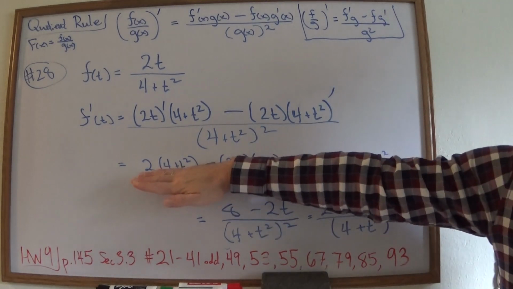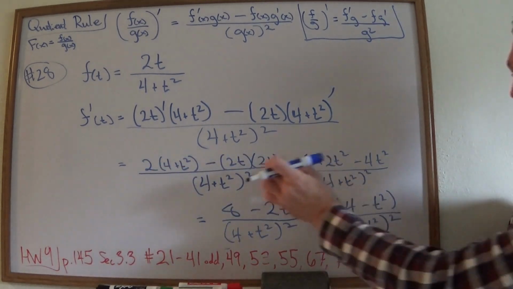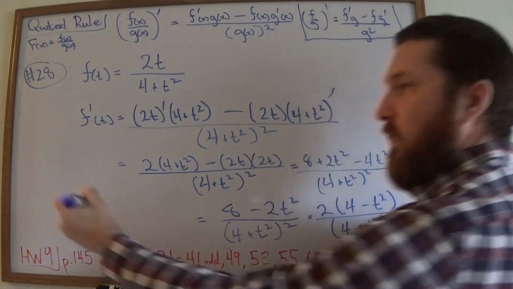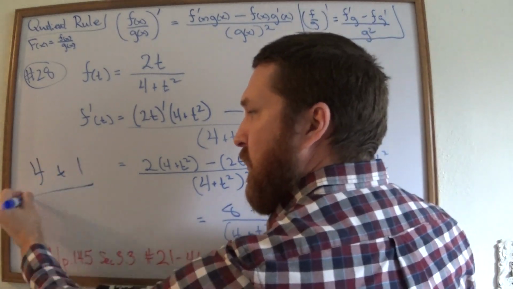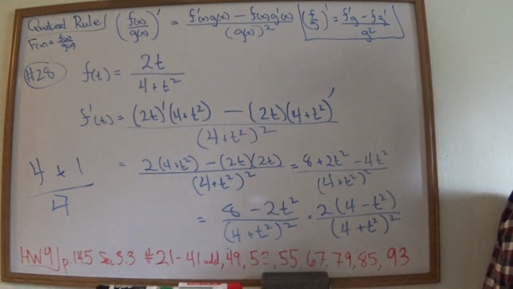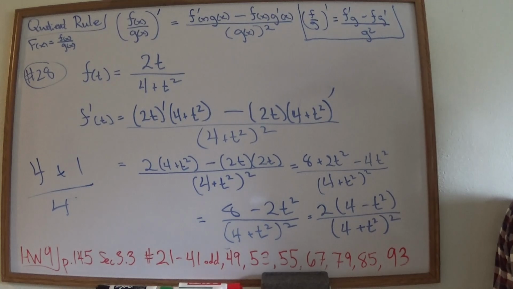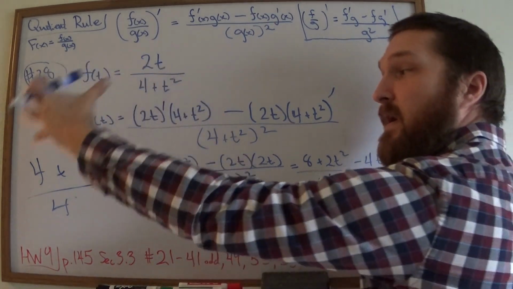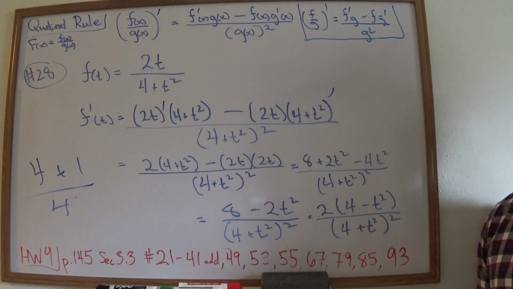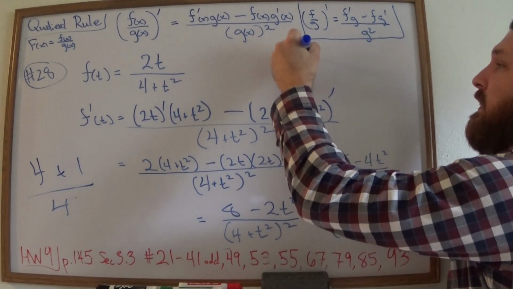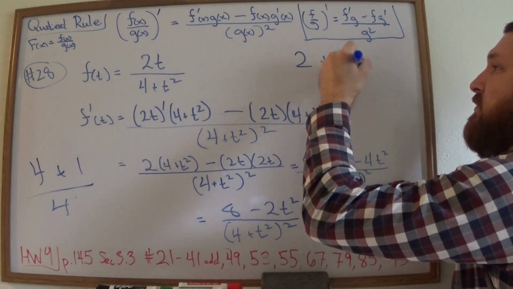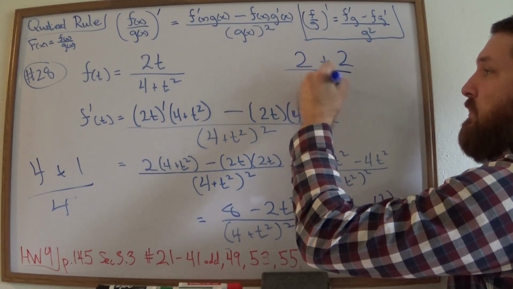I know, why can't we cancel that? Because there's not one over here. Why can't you cancel the 4? Because there's no 4 in it. You have to be able to factor it out in order to cancel it. Or like 2 plus 2 over 2.